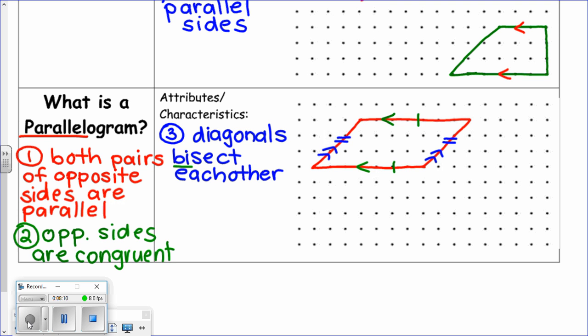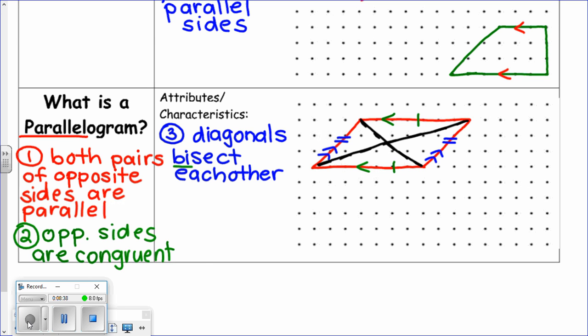Okay, so now let's talk about that third characteristic. We mentioned the diagonals. So if I were to draw a diagonal, that means I'm literally going to draw two lines connecting the corner to the other corner. So basically connecting the opposite angles. To be a parallelogram, that means that these lines are going to bisect each other. So they literally are going to cut each other in half.